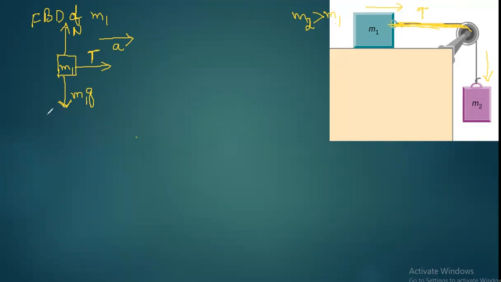Now, we know the net force. F net is equal to MA. And here, tension is acting in this direction, right?